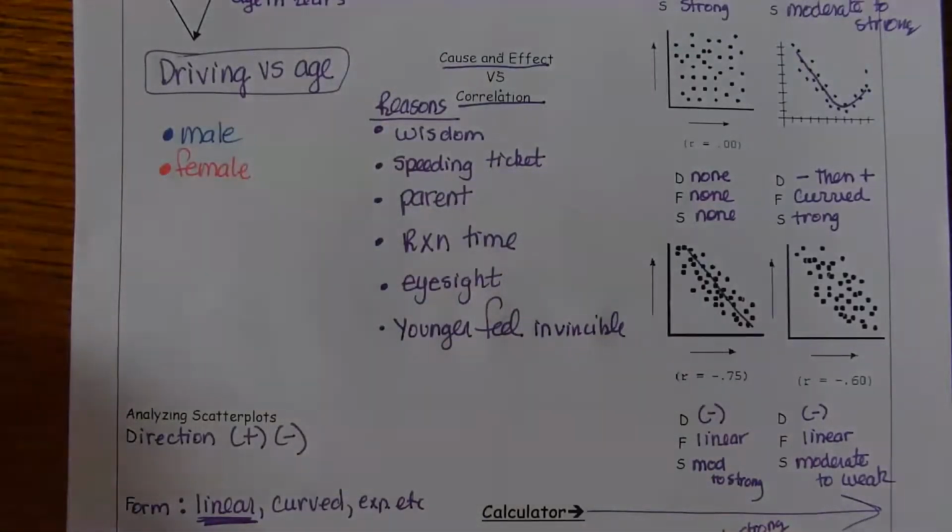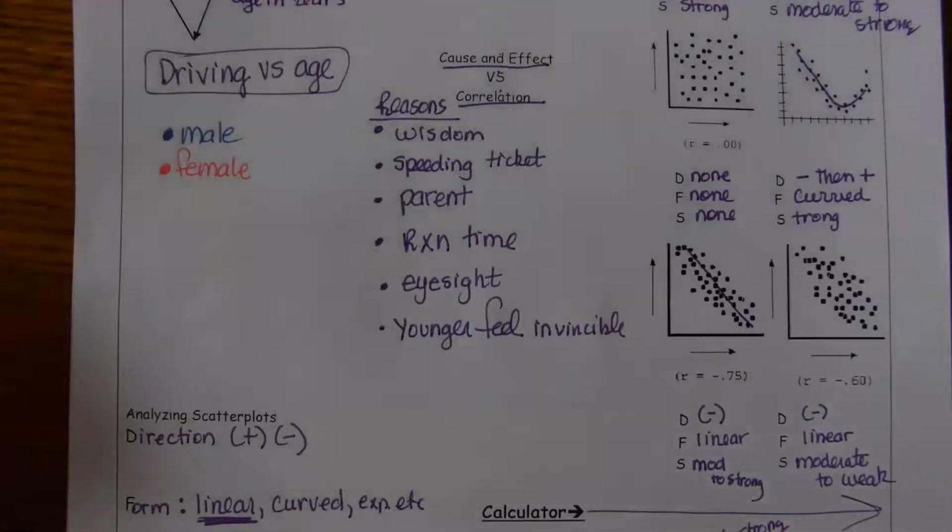So all this is doing is pointing out the fact to you that you've got to look at correlation versus causation. If you watch too much TV and your grades go down, did the TV cause your grades to go down? No. Why did your grades go down? You weren't doing your homework and you weren't studying because you were watching TV.